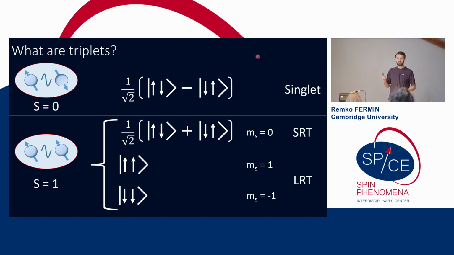And only those latter two can penetrate a ferromagnet over long length scales, so therefore we call them long-range triplets, or LRT, and the other ones we call short-range triplets, or SRT.